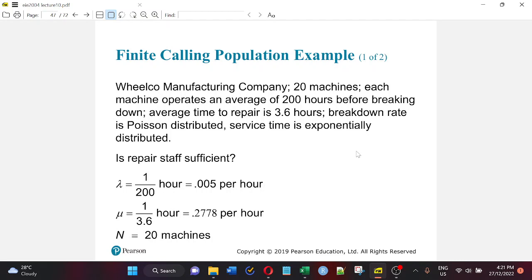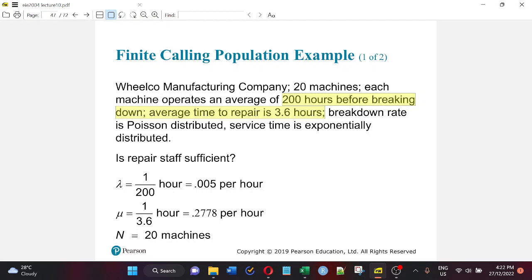The arrival and the service are given in terms of time, and you need to convert this. If the machine breaks down every 200 hours, then within 1 hour, how many machines break down? It's given by 1 divided by 200, which is 0.005.